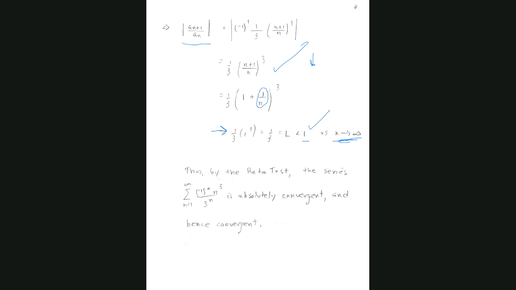Okay, are there any questions on that? Now, if we had gotten a common ratio that were greater than 1, we would say this series diverges.